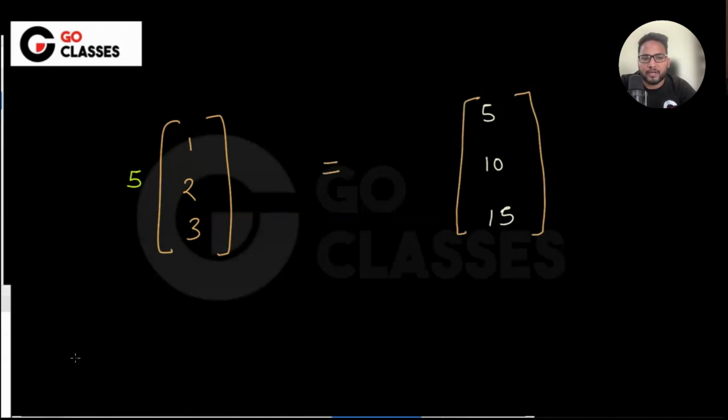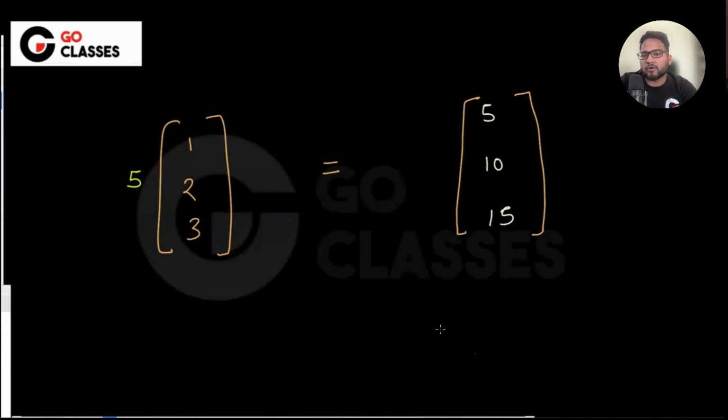Now if I want to talk about the linear function or linear map, they say that the structure is linear, which means that if you multiply a scalar with a vector, you get this.